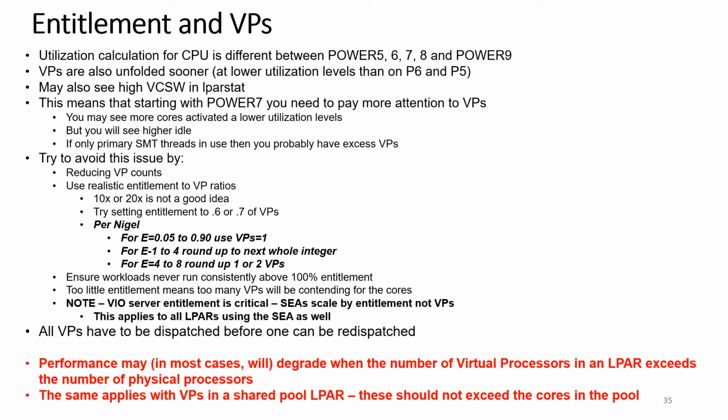So now all 22 of those have to be dispatched before you can go back and dispatch the first one, but you only have 20 cores to dispatch across. So just be aware that you really need to understand those things, because it will absolutely degrade your performance, because in this particular case where I have 20 cores and 22 VPs, I'm always going to have 2 VPs waiting to be dispatched.